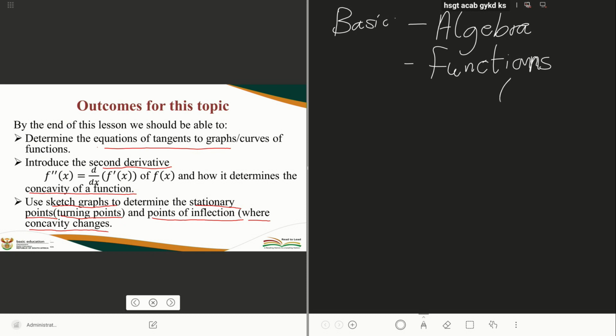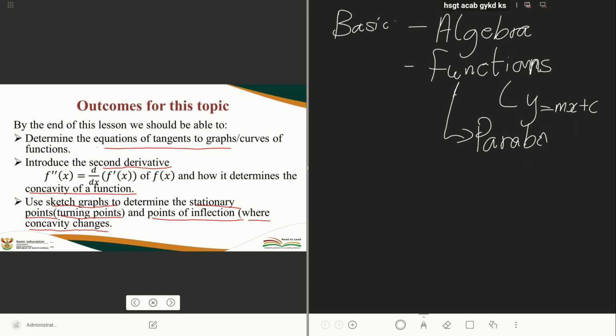On functions, we're going to be working with a straight line, y is equal to mx plus c. When you go deep with this, we're going to be using a function called a parabola, y equal to ax squared plus bx plus c.